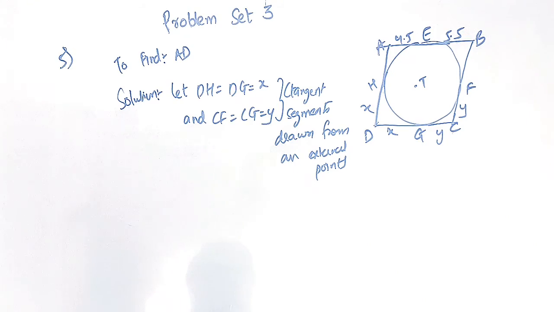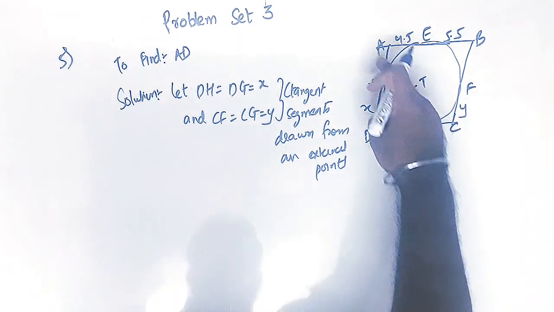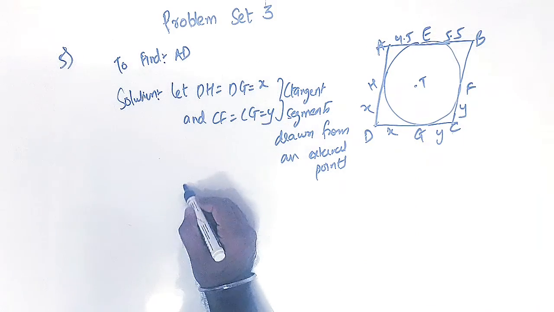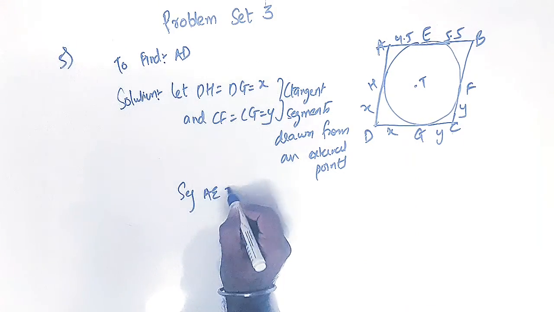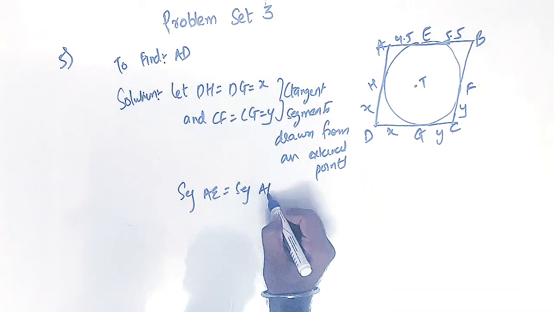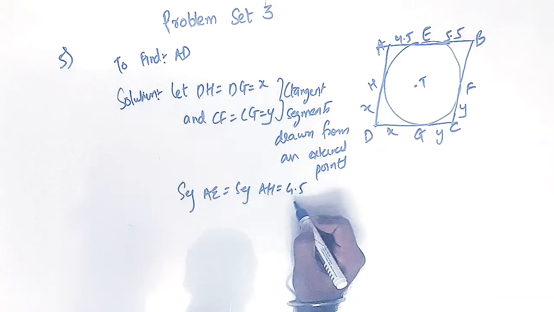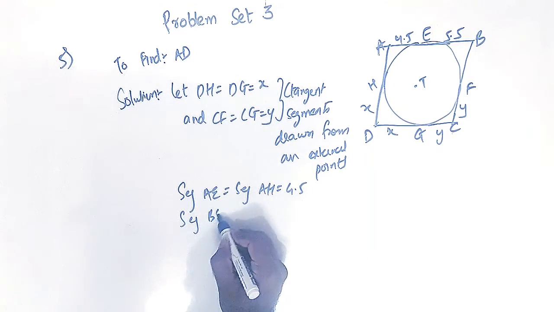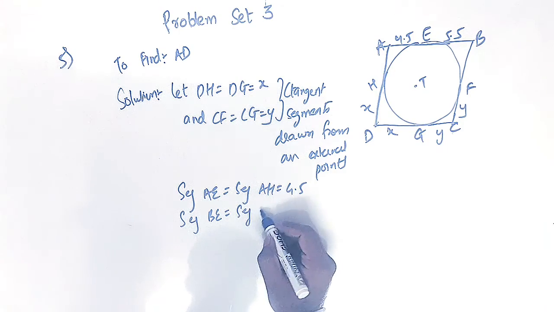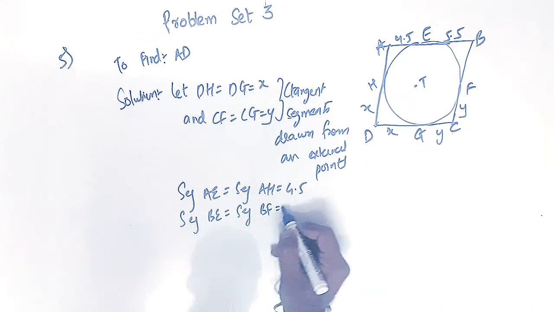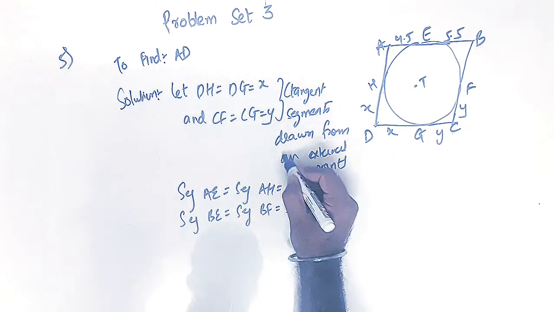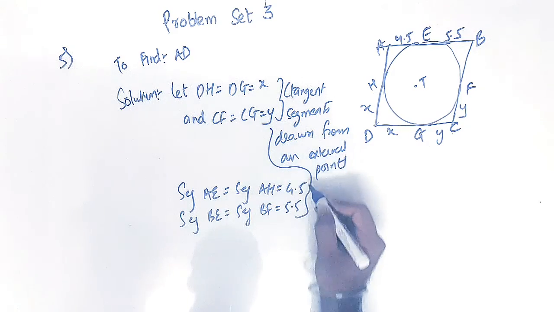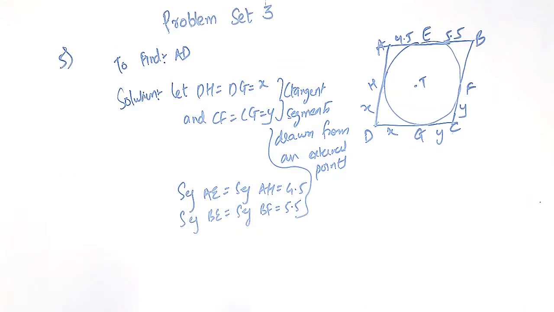Now, because these are tangent segments, I can also write segment AE equals segment AH is equal to 4.5, and segment BE is equal to segment BF is equal to 5.5. The common reason is tangent segments drawn from an external point.